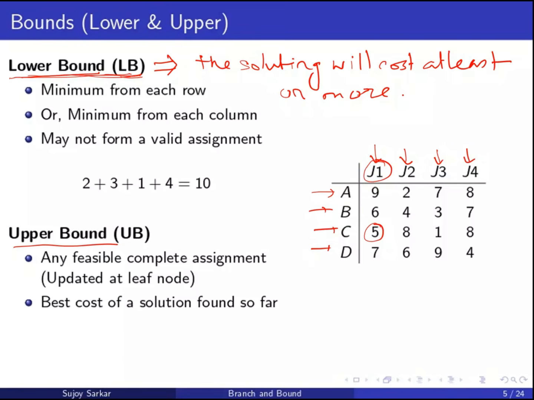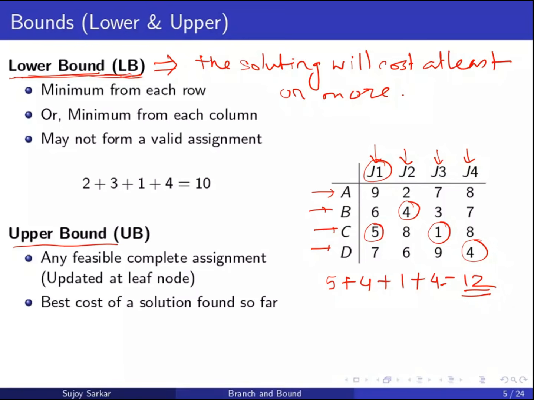It cannot be done in less than that. Similarly, job 2 will cost at least 4. Job 3 will cost at least 1. Job 4 will cost at least 4. Okay. So here the cost will be 5 plus 4 plus 1 plus 4. So the solution will cost at least 12 or more.